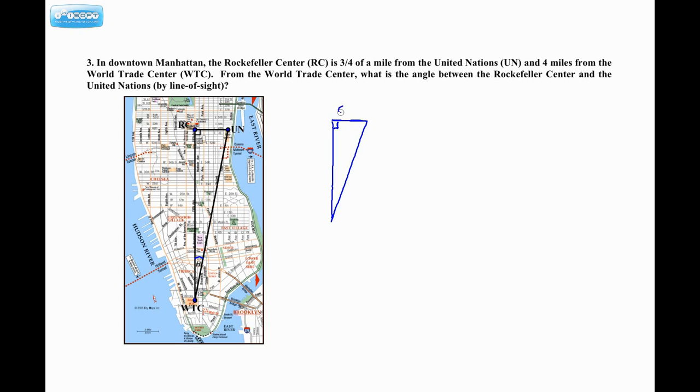So that's 0.75 miles. Okay. And what else are we told? And it is 4 miles from the World Trade Center. So that means this is 4 miles. Right? And we are looking for this angle here. Okay?